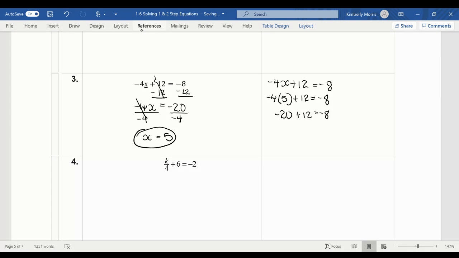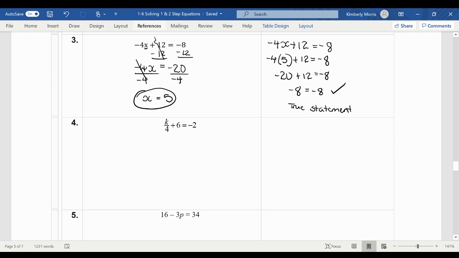When I combine these two terms, I get -8, and that is also equal to -8. So guess what? It is a true statement, which means my solution of x equal 5 is correct. So that is how you do your check. If you don't understand, feel free to go back and watch again.